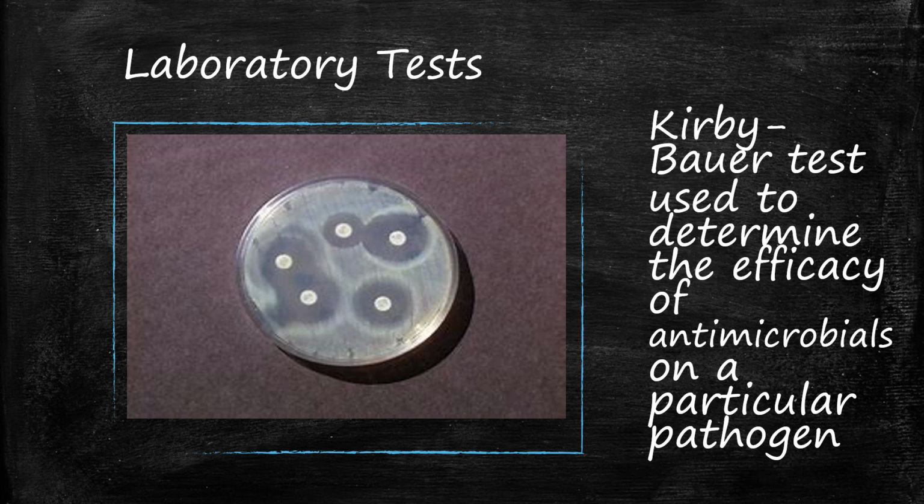So you put these discs on this field of bacteria, and each disc contains a different type of antimicrobial, and then you see which one is effective against killing the bacteria. In this case, in the slide, every disc of antimicrobial is effective against this particular bacteria, which is what you like to see.